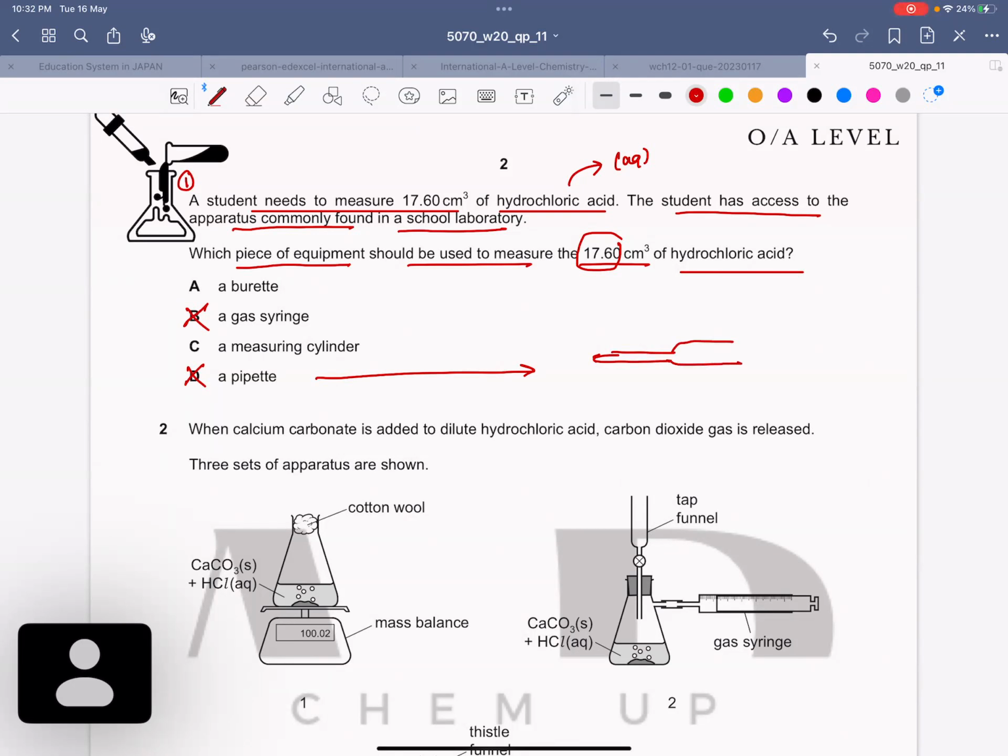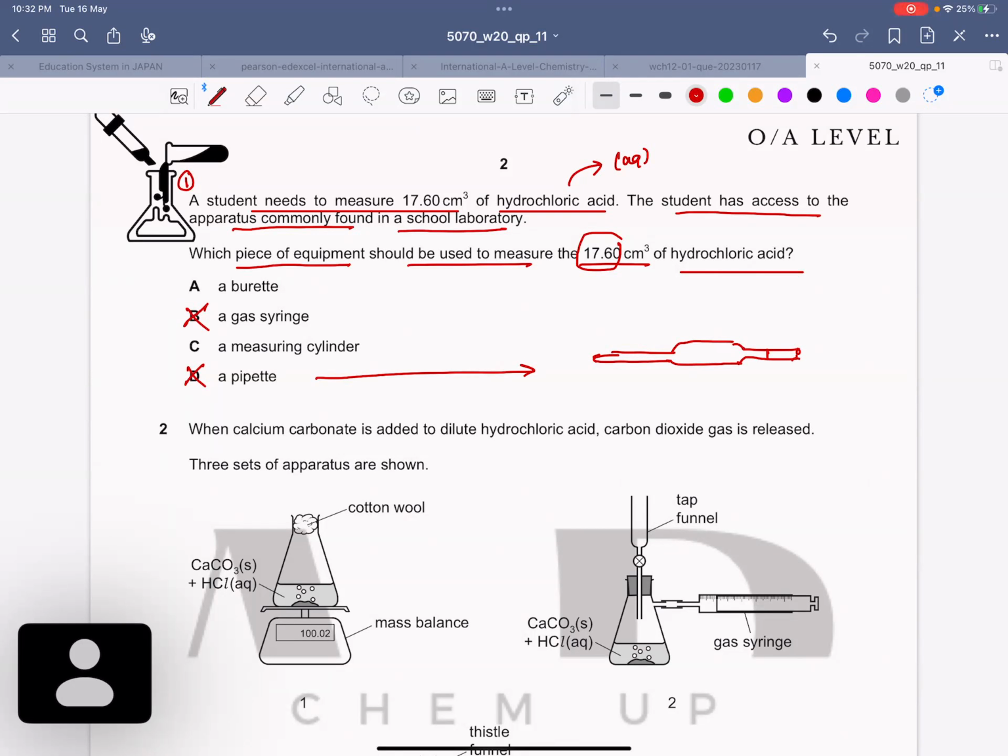It is an accurate apparatus used to measure volume accurately, but it has only one mark on the whole pipette, and that mark only helps you measure one reading. So we cannot measure in decimal places in a pipette. So pipette would be wrong.